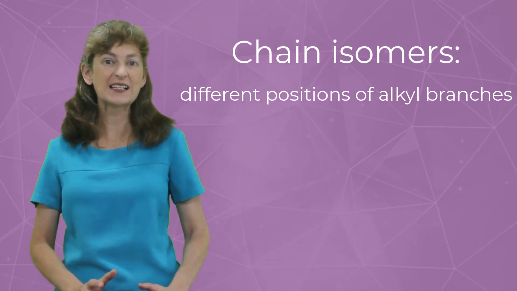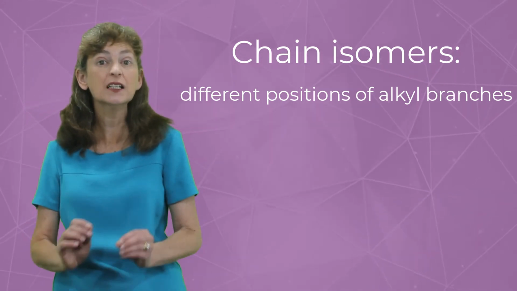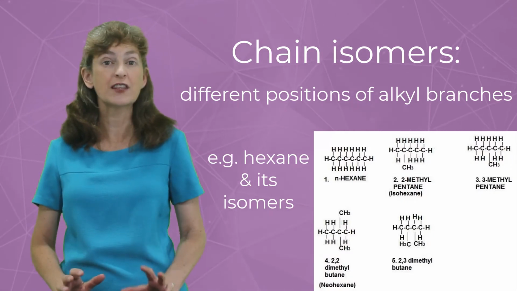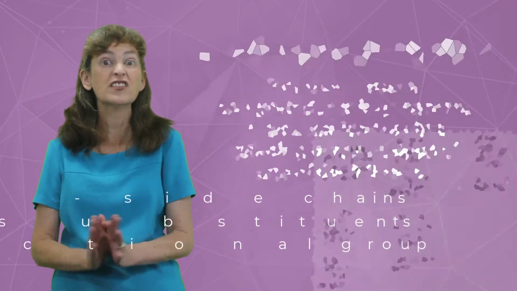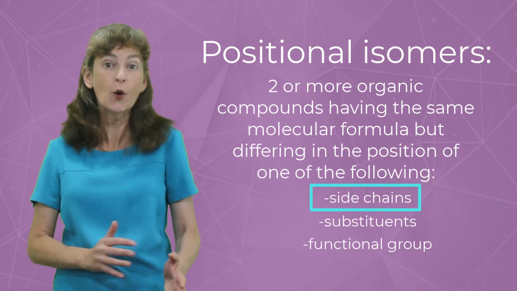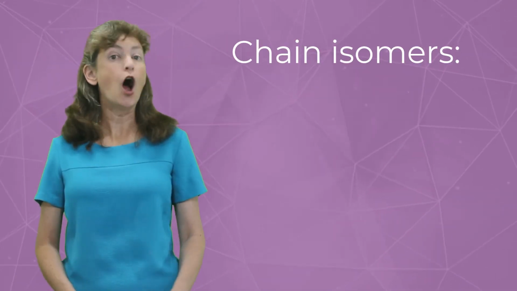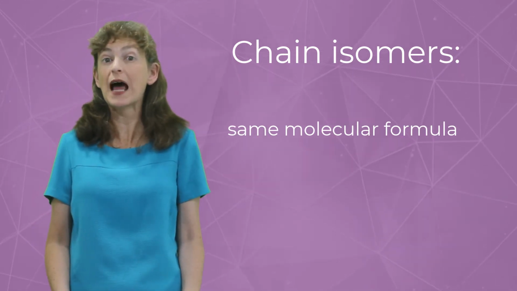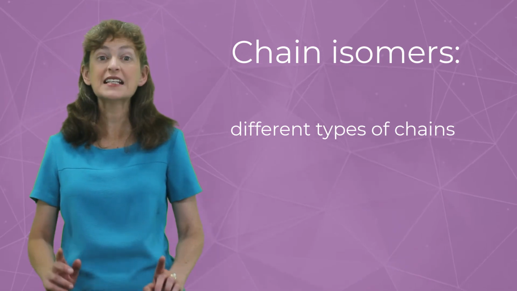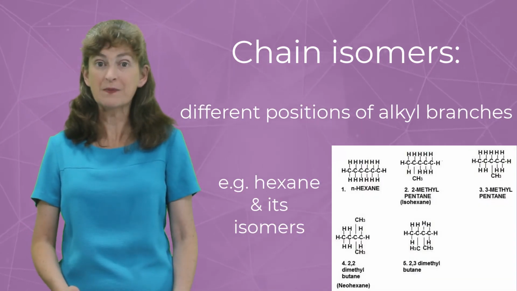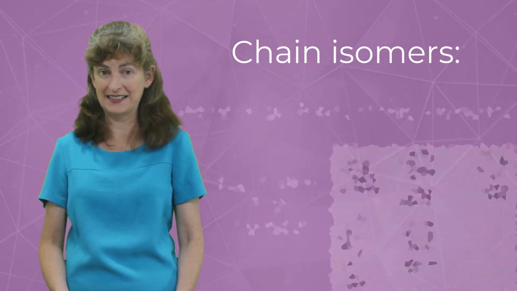If 2 or more isomers differ in the position of the alkyl branches, like in this example here, we rather refer to them as chain isomers, even though this definition of positional isomers would suggest that we could also call them positional isomers. Chain isomers are 2 or more substances which have the same molecular formula but different types of chains, or, as in this example, different positions of the alkyl chains.